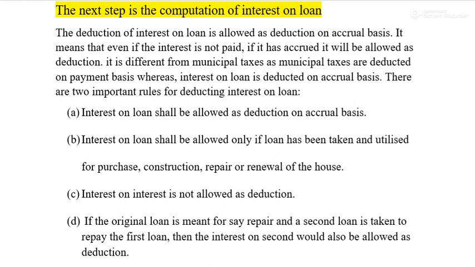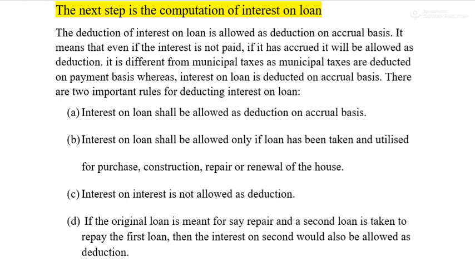Lastly, if the original loan is meant for, say, repair, and a second loan is taken to repay the first loan, then the interest on the second would also be allowed as deduction. Okay, so what happens? Suppose A has taken a loan from SBI of 50 lakh rupees. He took the loan in January, and he was in a very urgent need of the loan, and he took a loan from the SBI at a high rate of interest, suppose 15% per annum.